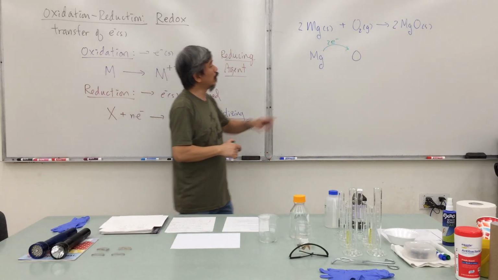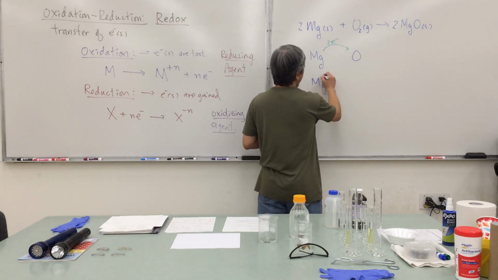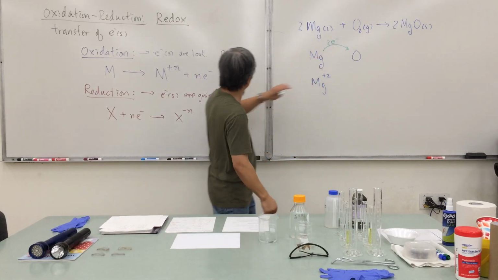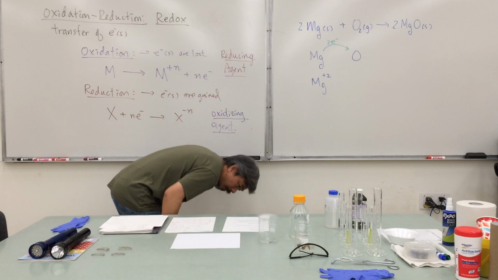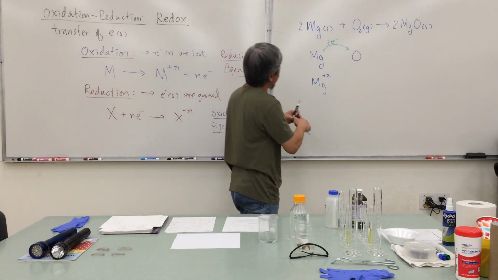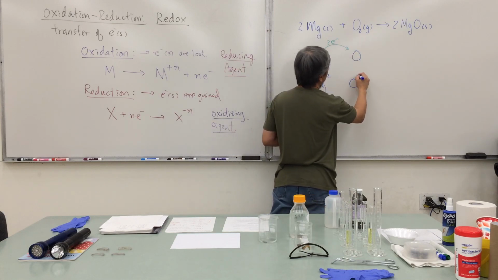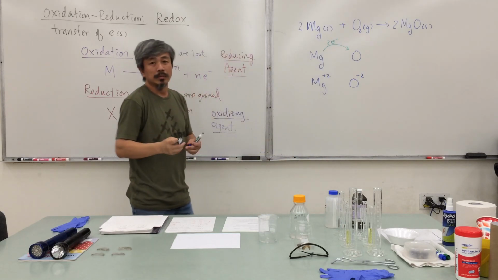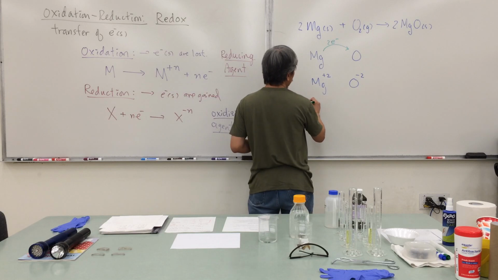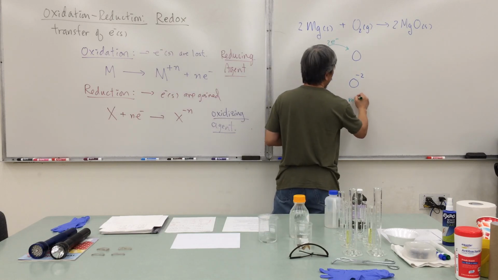When that happens, the magnesium becomes a +2 charge with those 2 electrons. That's the oxidation process. Oh, hold on. I lost my pen cap over there. All right, sorry about that. So when that transfers over, you can see the oxygen grabbing the 2 electrons and becoming a -2 process. So we say that the magnesium is undergoing oxidation and the oxygen is undergoing reduction.